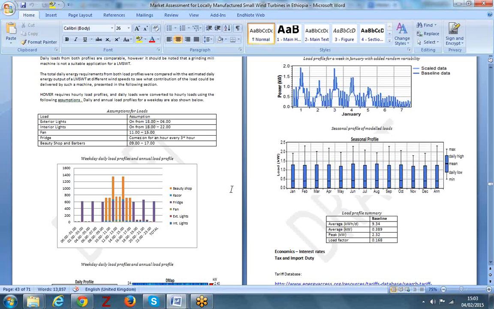We included some questions about how much do you spend on energy, and there's some quite interesting results about how much they're currently spending on kerosene for lighting, how much they're spending on batteries for torches, and how much they're spending on the solar systems, which gives an indication of their ability to pay or their willingness to pay.